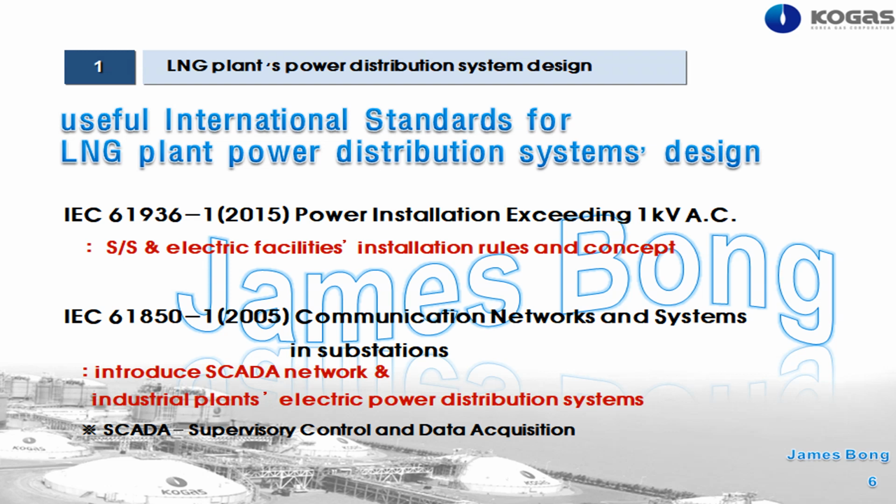Those are IEC and IEEE. In IEC 61936-1, power installations exceeding 1 kV AC, that introduces the substation and electric facilities installation rules and concept.